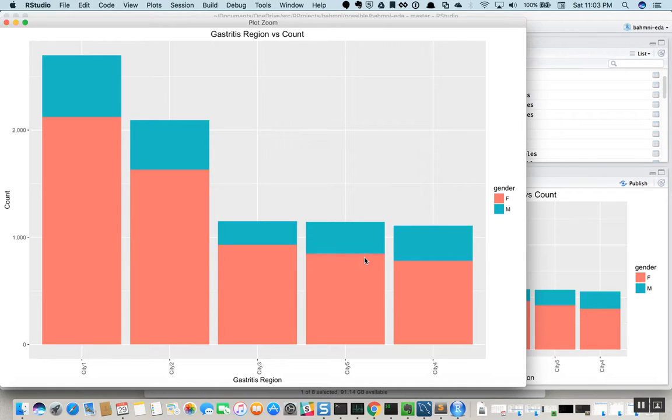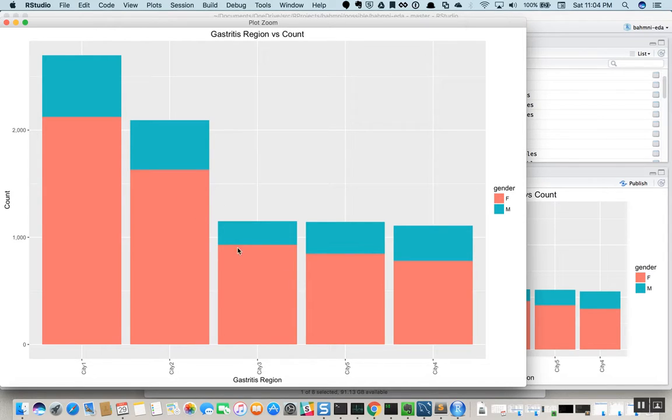let's look at the gastritis trend across the top 5 cities. If we look at it, one thing which stands out is that in each of these top cities, females have a higher percentage of gastritis, close to around 70% and even more. Like in city 3, it's maybe 85% or 80%.